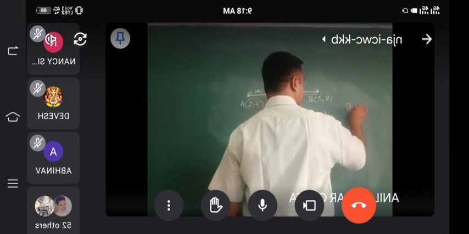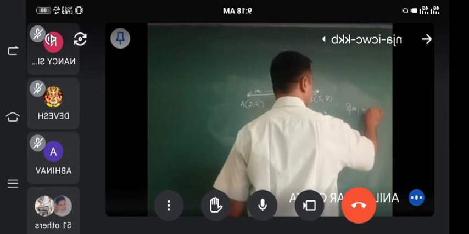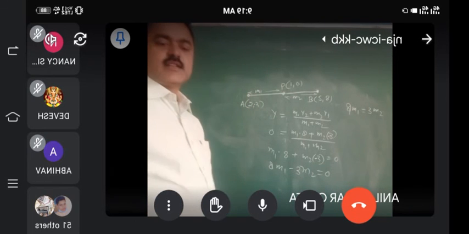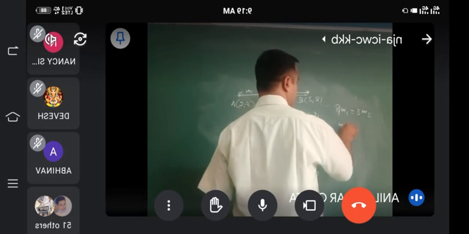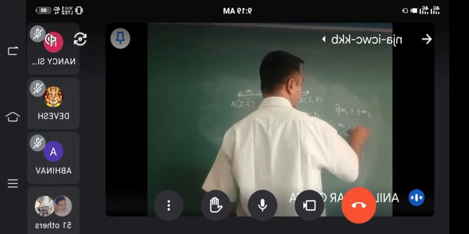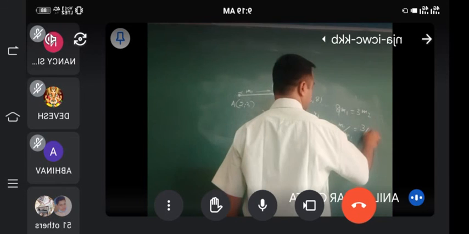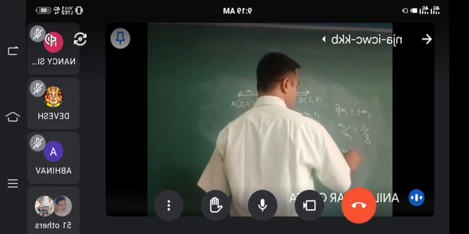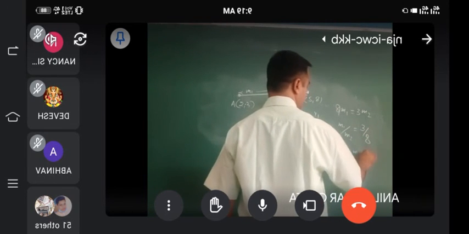You will get 8M1 equals 3M2. Now just divide: M1 upon M2 equals 3 upon 8. This is the ratio M1 to M2 equals 3 to 8.